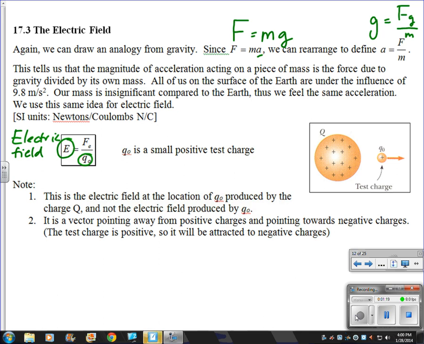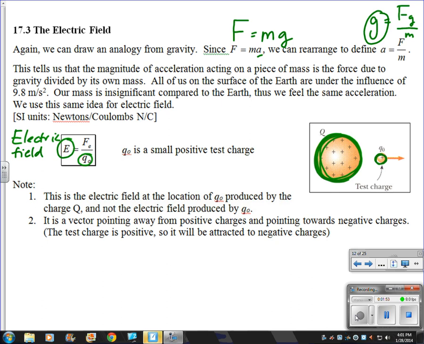And just like g gives us a sense of how strong the gravitational field of our planet is, E gives us an idea of the strength of a charged object, a large charged object. And I like to think of these large charged objects almost like planets. And then we bring a small positive test charge near this large, almost planetary charge, and we see what happens.